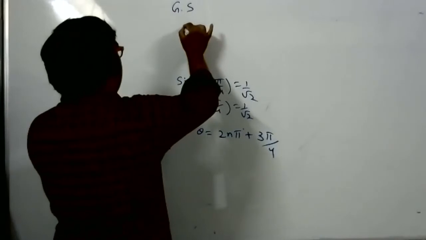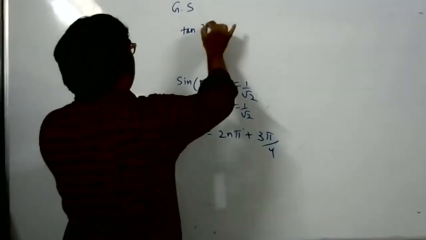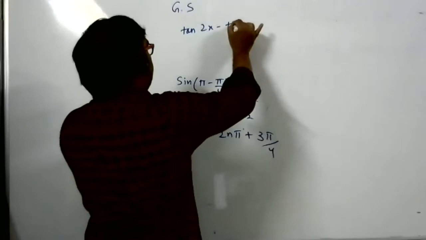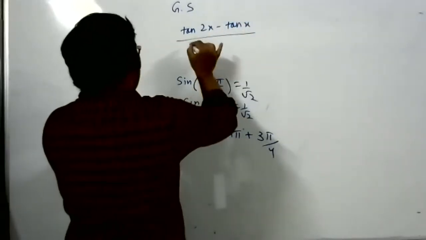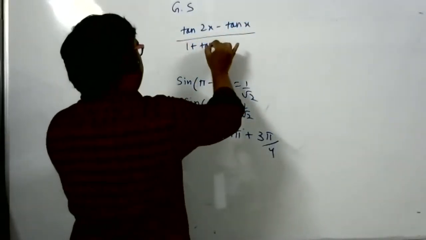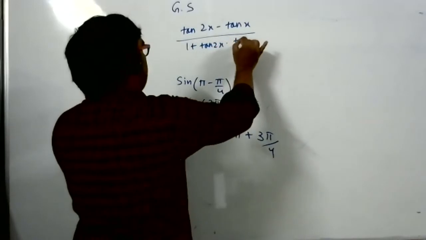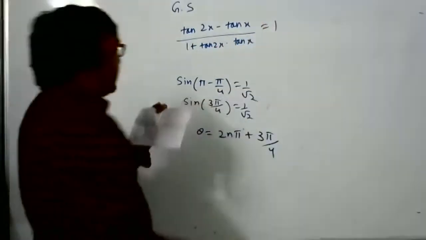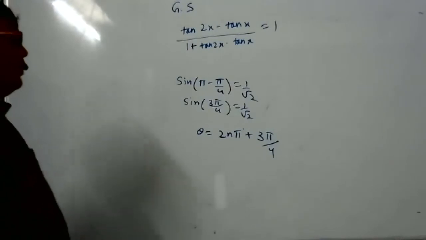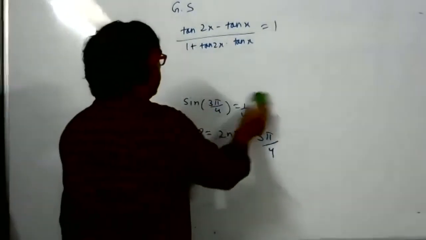Second question. I will only write: tan 2x minus tan x by 1 plus tan 2x into tan x is equal to 1. What is the general solution? So how to do this sum?